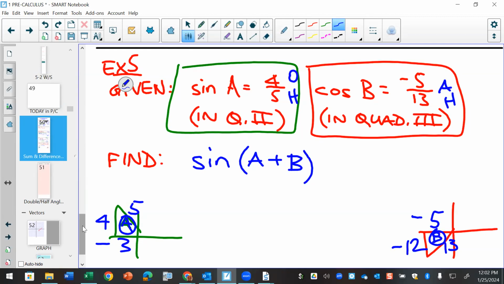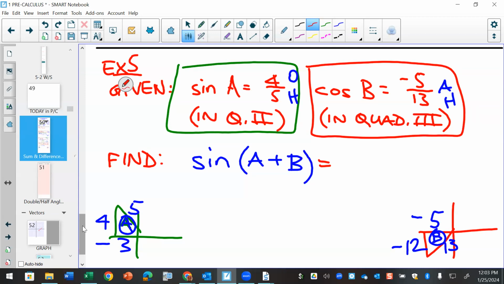Anyway, all right. So that was the first step. We had no idea how to do the problem, but they did mention quadrant 2 and quadrant 3. So we drew two triangles. Now I think we can actually do the problem. Let's go. Cosine plus, that was sine, cosine, cosine, sine.